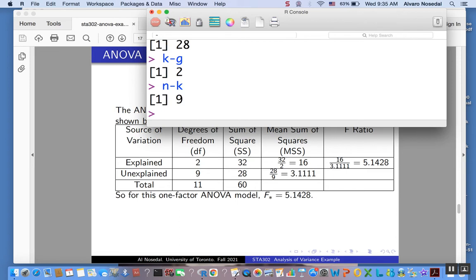So basically, let me show you again F star, what we ended up with here. Let me show you the numerator. Denominator. Now it should make sense.